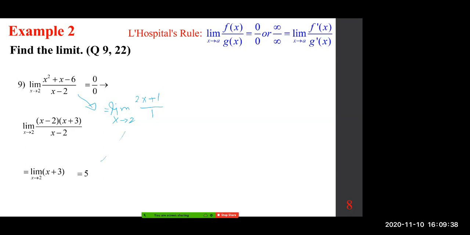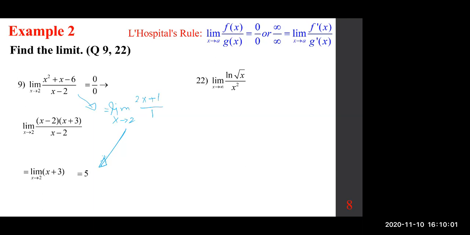And if you plug in the number 2, you get the same answer. So the old rule, the new rule, it doesn't matter. You can use L'Hopital's rule from now on. All right. Let's look at the next one.